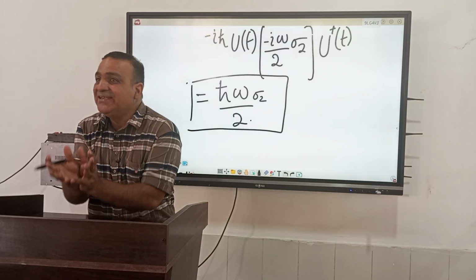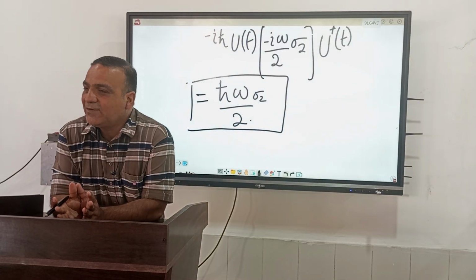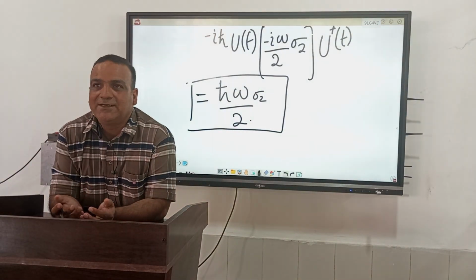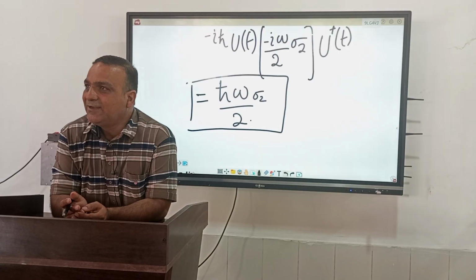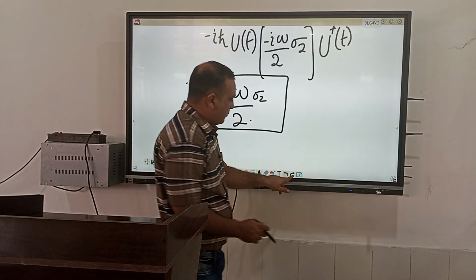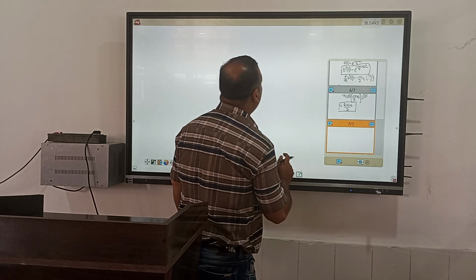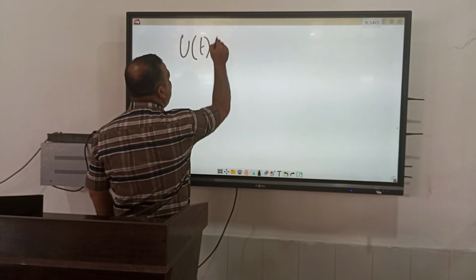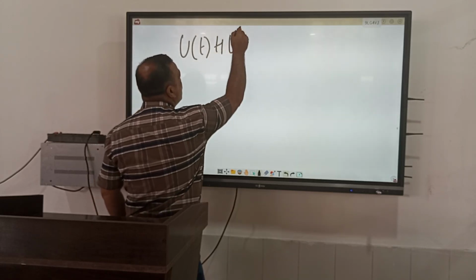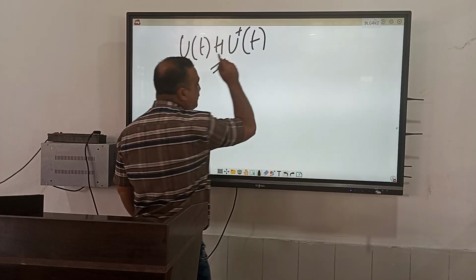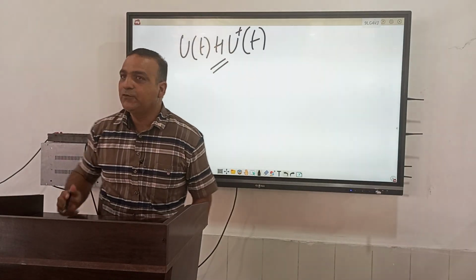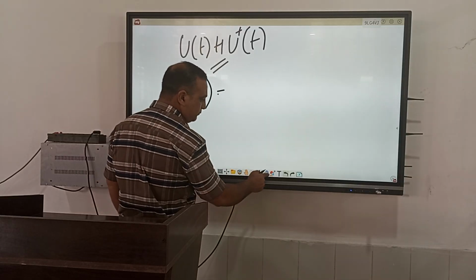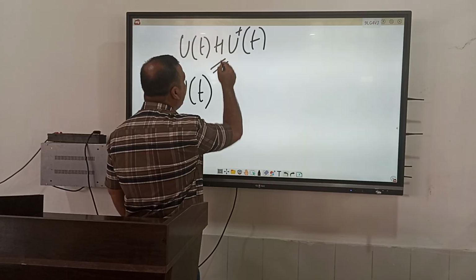This term was the second term of the rotating Hamiltonian. And what is this h cross omega sigma z by 2? It's a constant. Getting my point? Okay. Now what's the next term? The next term was U of t, h, and U dagger of t. And this h, you remember what it was?